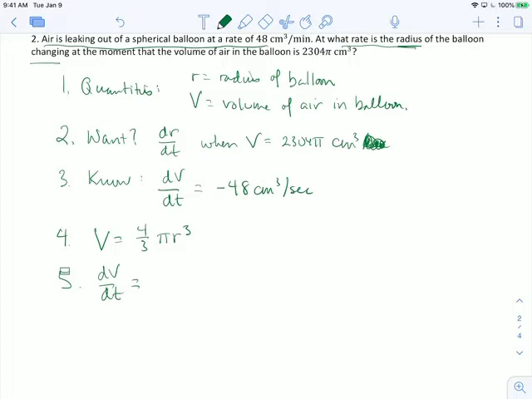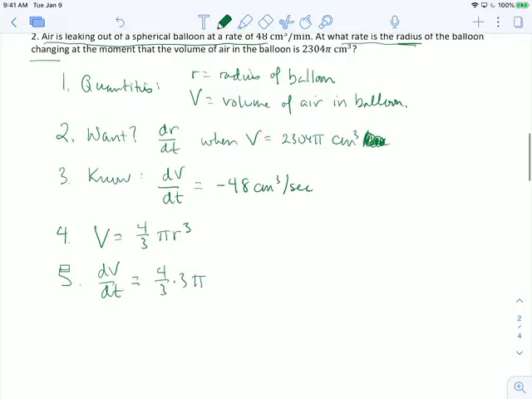The derivative of the right, I'm going to get 4/3 pi times 3 times r cubed. This is a composition again, so I'm going to get 3r squared dr over dt as my derivative on the right. And so I can simplify that a little bit. The 3's cancel, and I'm left with 4 pi r squared dr over dt.